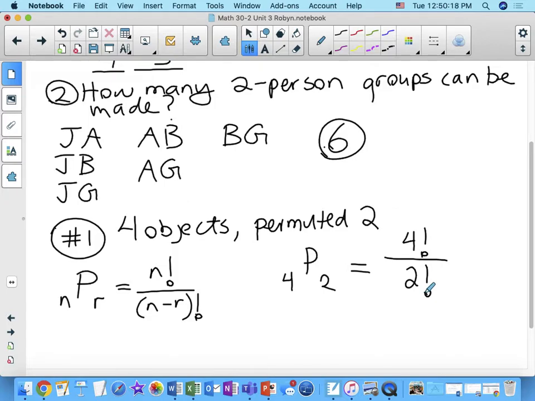Of course you could do this on a calculator, but just so that we can see what's mathematically going on, we've got 4 times 3 times 2 times 1 over 2 times 1, right? And then the 2 times 1's cancel, and we end up with the 4 times 3, which is what we had in our spaces, which is 12. Again, not efficient, but that's not our goal here.